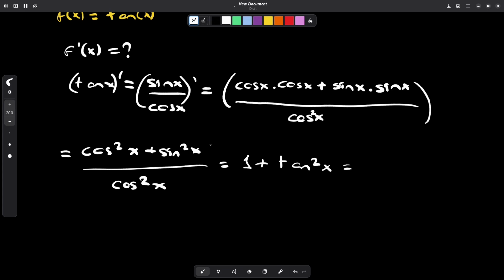The other form you can get: my numerator is equal to 1, since cosine squared x plus sine squared x is equal to 1. This is over cosine squared x, and as we know, 1 over cosine x is equal to secant x. So this is equal to secant squared x.